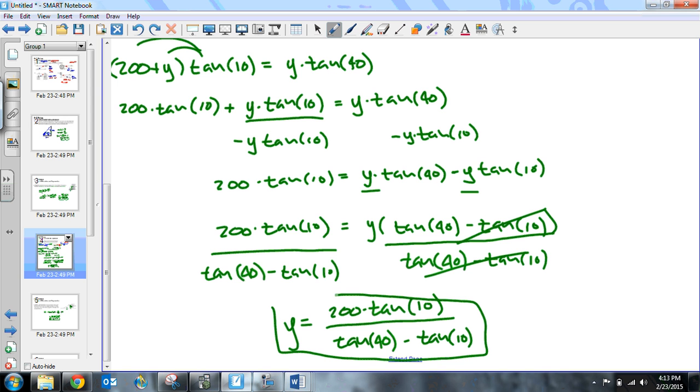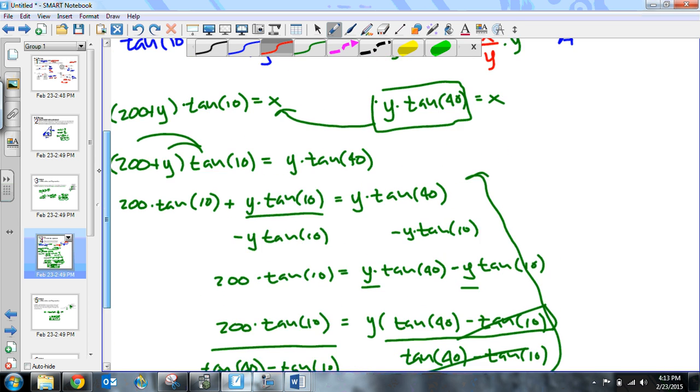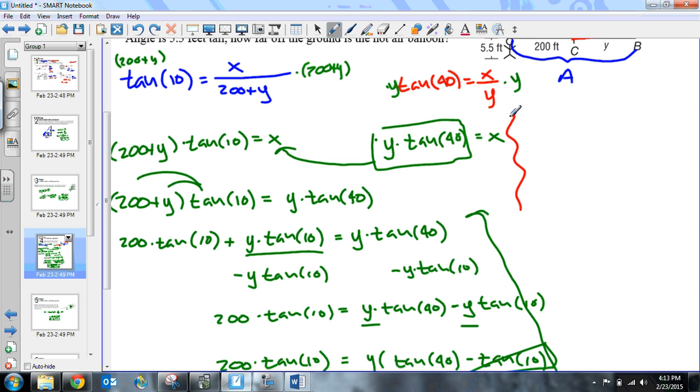That's a number. Now I'm going to take this value and substitute it into the equation over here, multiplying by the tangent of 40. Let me switch colors here. I know that's what y is equal to, so x is equal to y times tangent of 40.